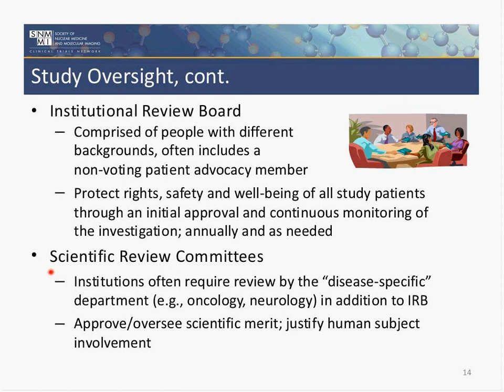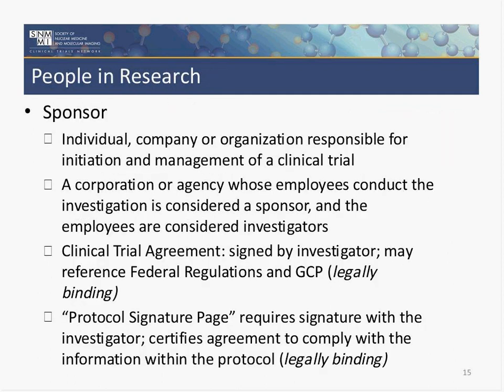Those serve a very important function because, as you can see, the Institutional Review Board is not necessarily made up of subject matter experts who could discern what is a good cancer study and what is not, whereas the Scientific Review Committee will be able to know, because they're subject matter experts, that, for example, this study was already done, it doesn't need to be repeated, or this study doesn't make good scientific sense. So most institutions now have gone to this kind of dual review process.